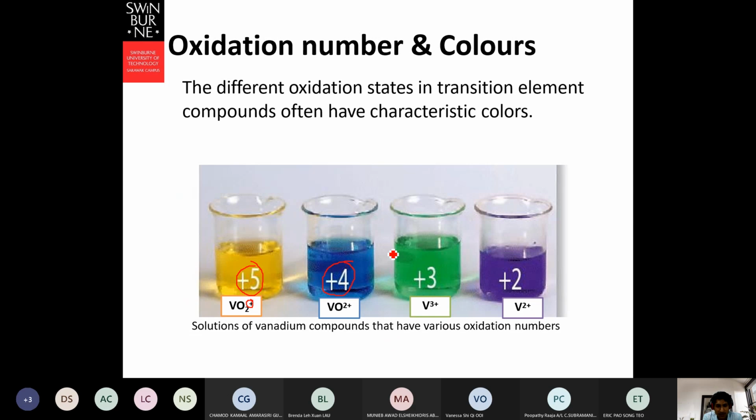You can take it in one beaker and do some reaction that changes its oxidation state, and along with the changes of this oxidation state, it also changes its color. This is amazing. If you have a chance to look at it, it is quite magic actually.